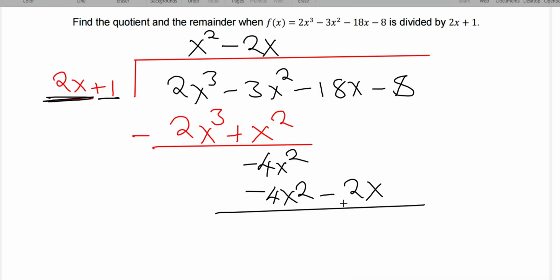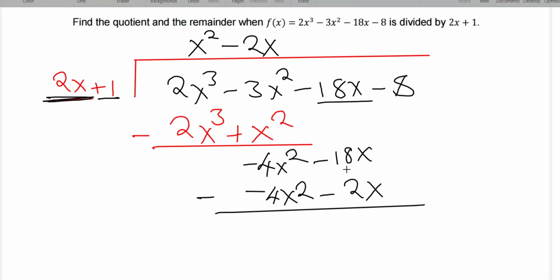We'll draw a line again. To make our math easier, we drop this down just here, so that we subtract again. Minus 4 minus minus 4 gives us a 0.